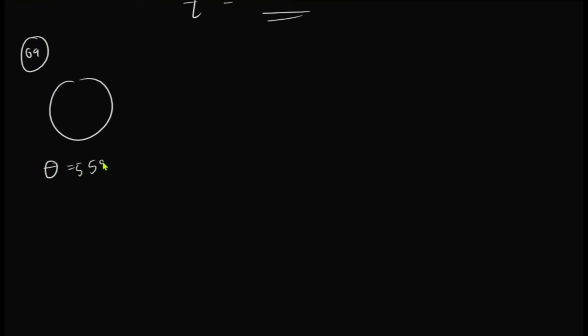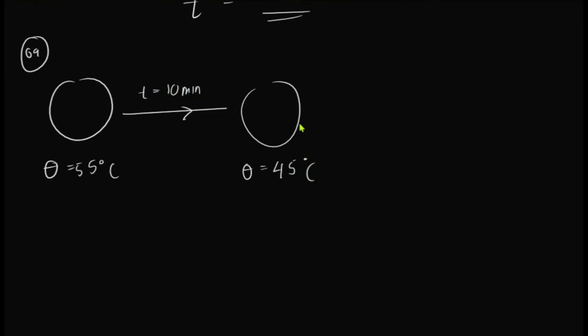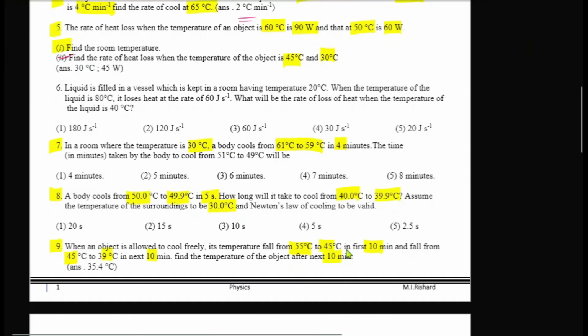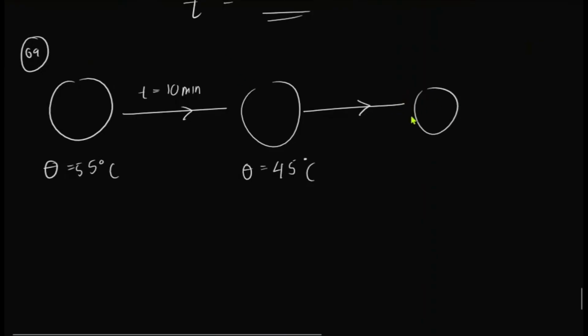Initially, there's an object whose temperature was 55 degrees Celsius. It cools down from 55 to 45 within 10 minutes. Then from 45 to 39, it takes 10 more minutes.